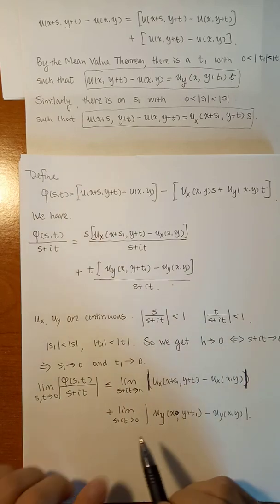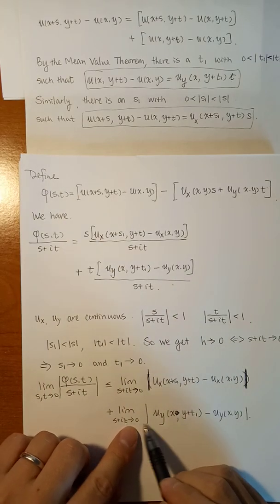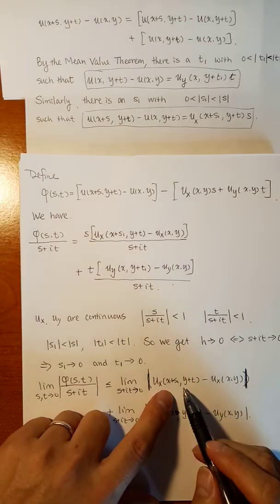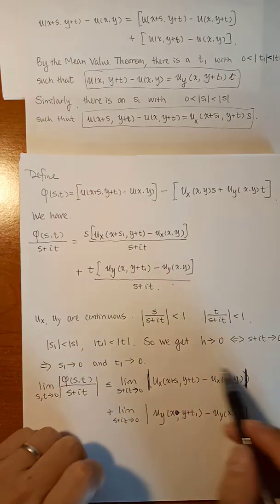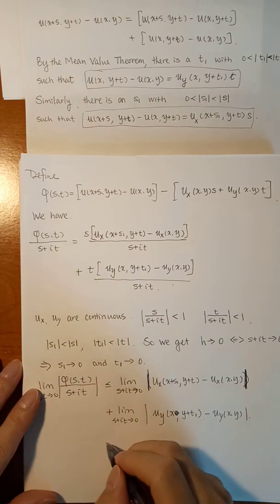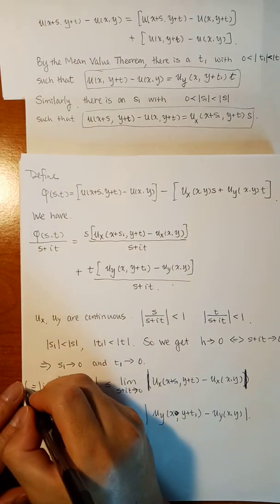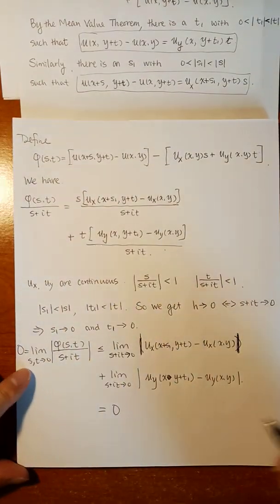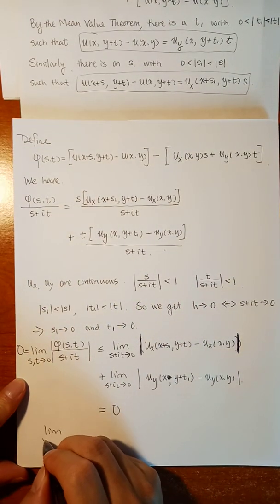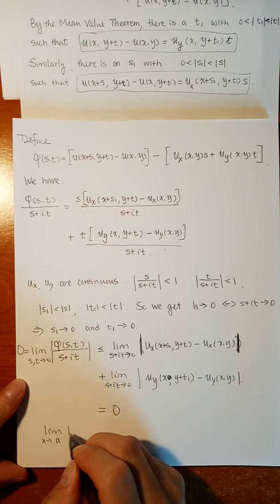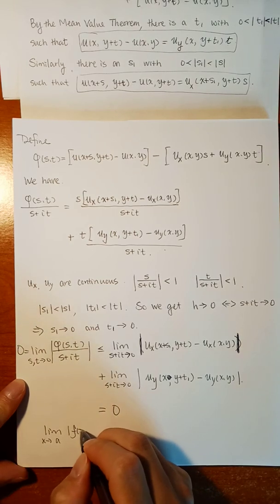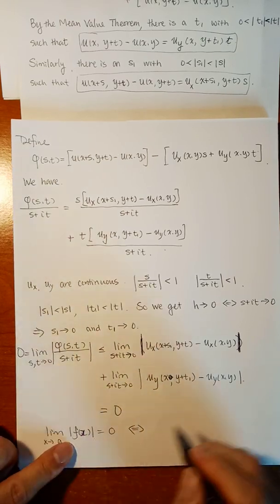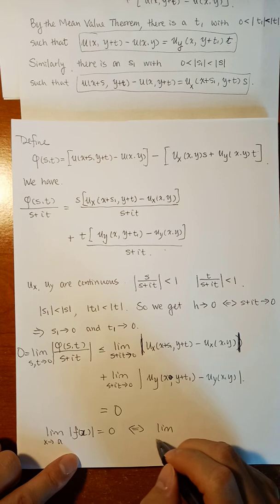All right, and when s plus it approaches 0, this term approaches 0, and this is a continuous function, so the difference will be 0. This approaches 0, this approaches 0, the difference will approach 0. So it's 0. The limit exists and equals 0. We know that the limit of the absolute value is 0 if and only if the limit itself is 0.